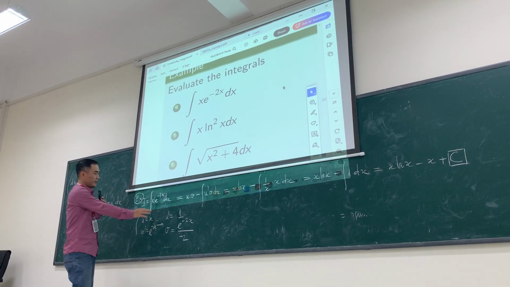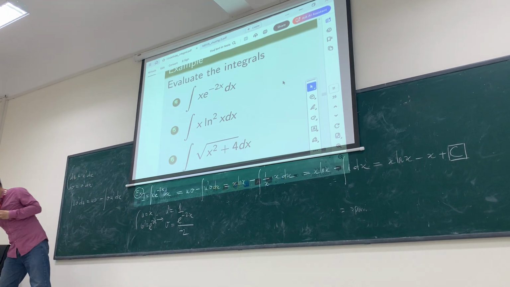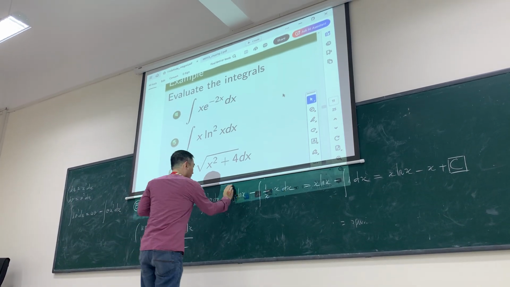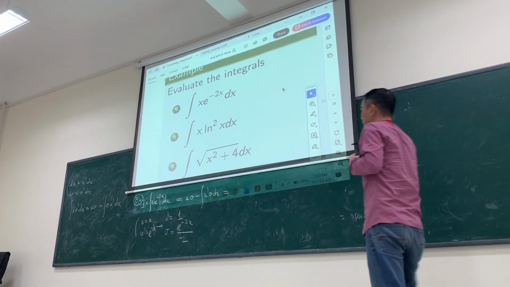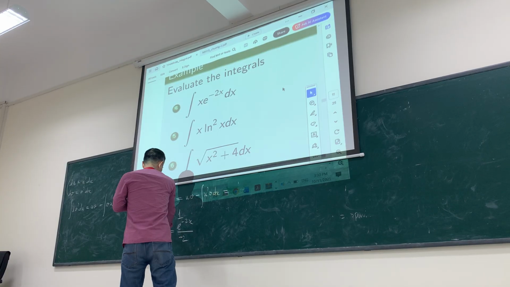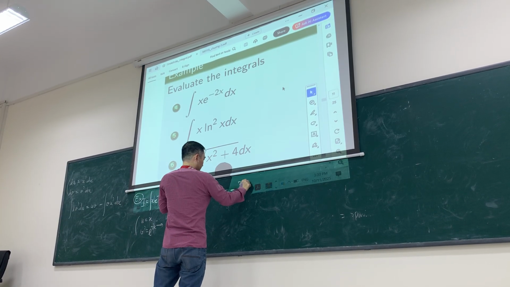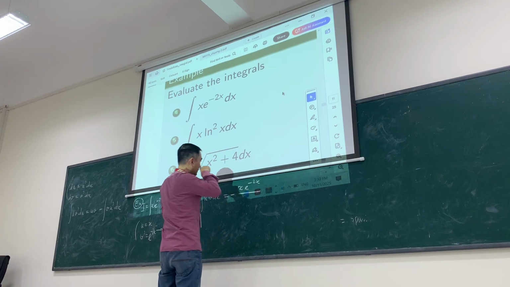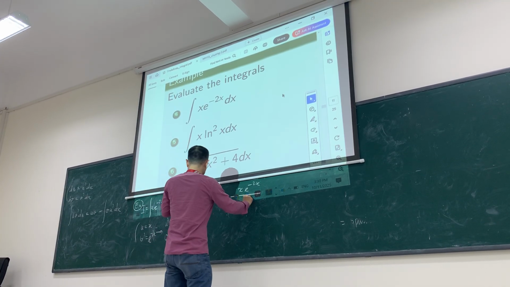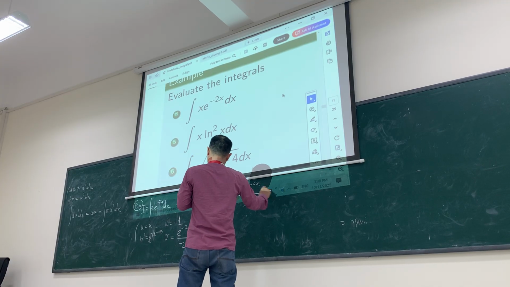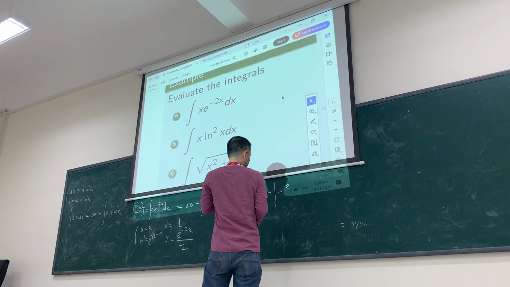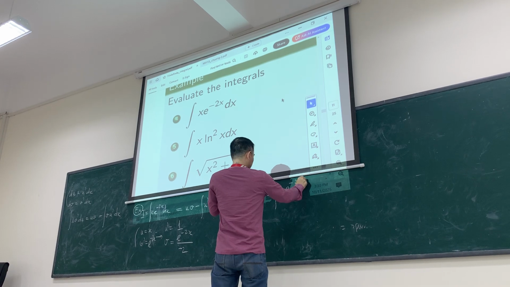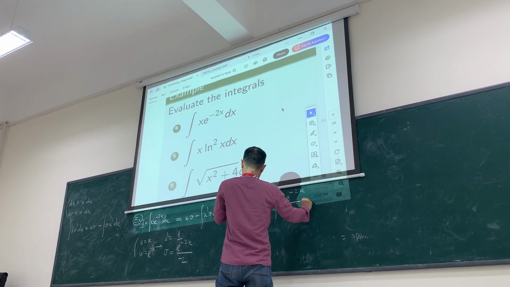We can replace u and v. It is equal to u times v, this x times exponent minus 2x over minus 2, minus the integral of u prime times v, exponent minus 2x over minus 2 dx.